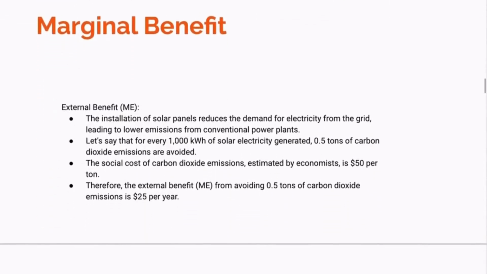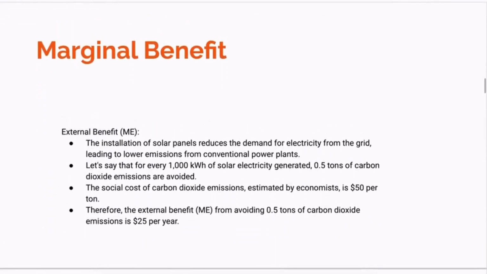So the external benefit because of the solar panels is that there will be lower emissions from the conventional power plant. Let us say that because of the solar electricity, there is a reduction in carbon dioxide emissions. Let us assume that about 0.5 tons of carbon dioxide emissions are mitigated, they are avoided, right?